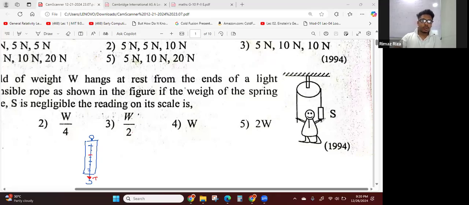So therefore, let's say the tension acting here is T. So the hand, due to the weight, the boy is attracted downwards. So therefore, the hands are pulling the string down. Since it is a light inextensible string and it goes over smoothly, the tension will be the same on both sides.